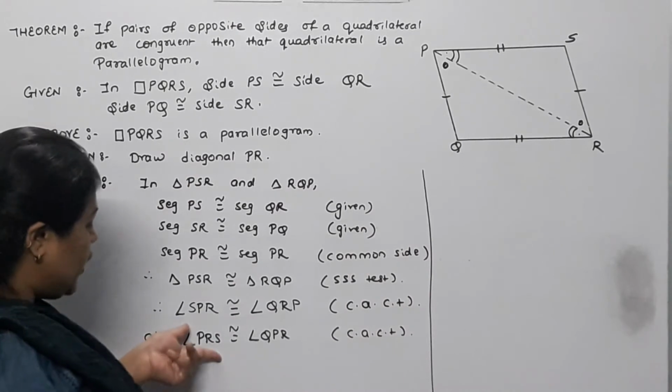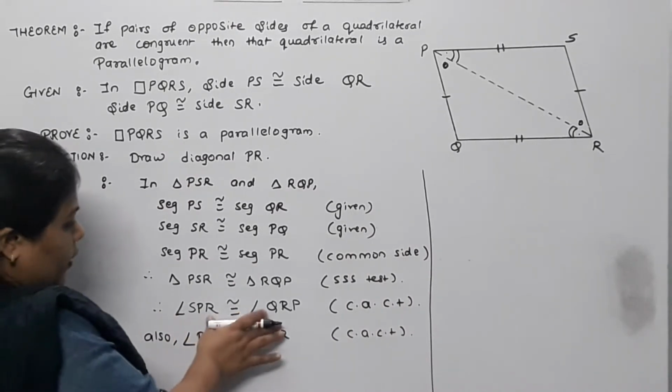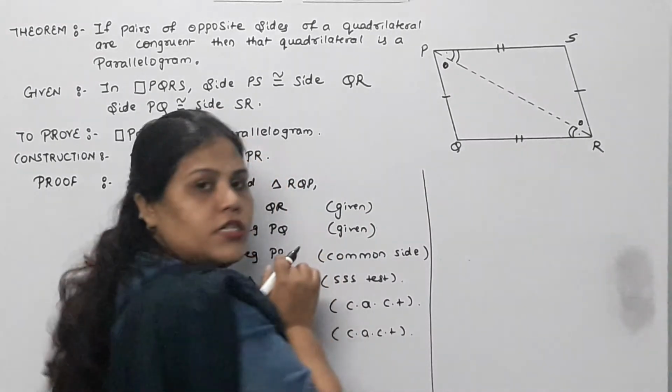Now, if a pair of these two angles are congruent, what can we say? These angles are alternate angles.